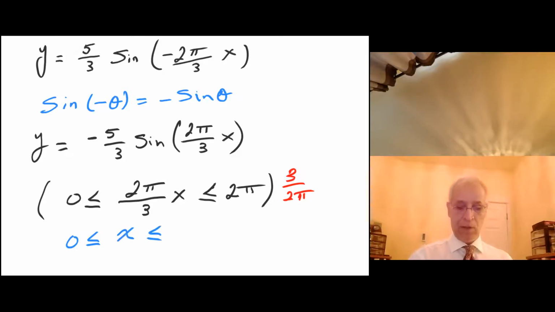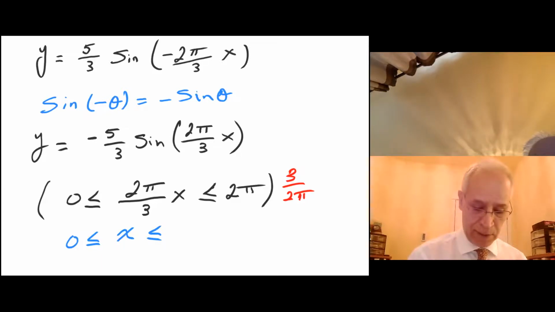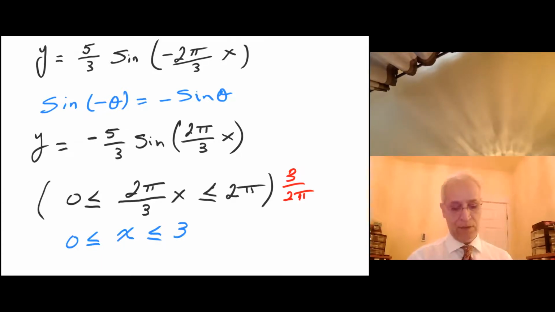And on the right-hand side, the 2 cancels, the pi cancels, I only have 3. So I'm going to now make my table of values starting from 0 and ending up with 3.